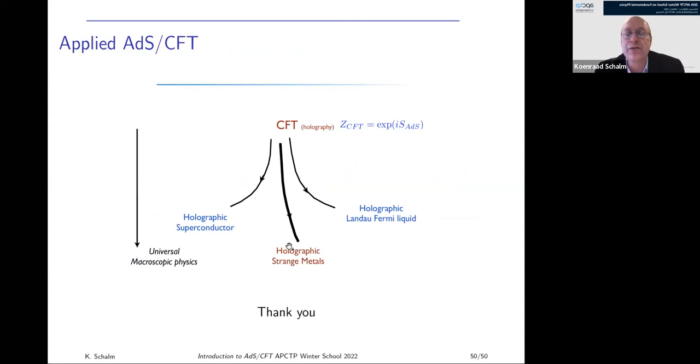And by the universality of this macroscopic physics, it doesn't matter where I started from. And in that sense, applied AdS/CFT really has a chance. I've given you some indications of being relevant to explain some experimental research. And in some sense, this has now also been theoretically validated.